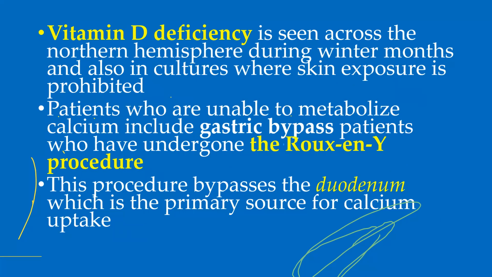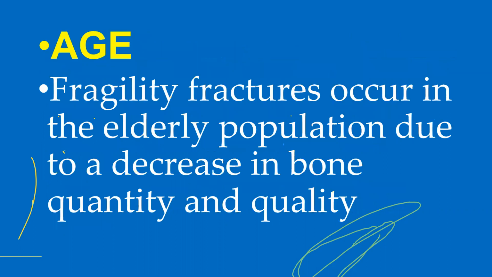Vitamin D deficiency is seen across the northern hemisphere during winter months and also in cultures where skin exposure is prohibited. In patients who have undergone gastric bypass, you know that calcium is absorbed actively in the duodenum. When you have a bypass, you're bypassing the duodenum, and as a result, they will have a deficiency. So calcium in these cases should be taken into consideration.